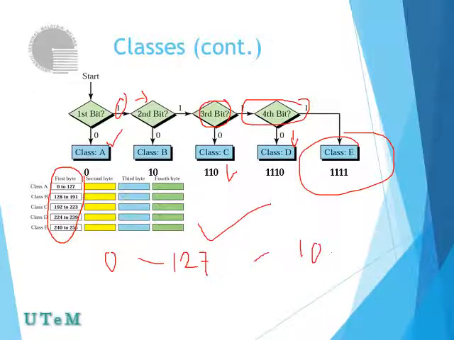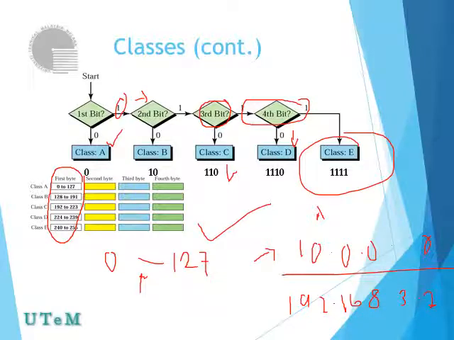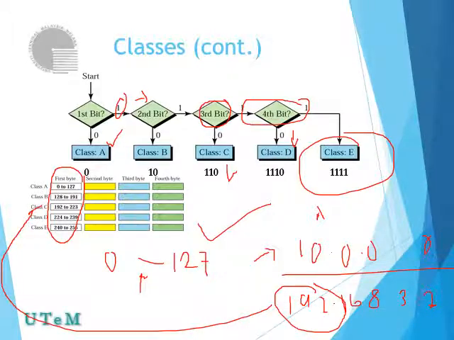This is class A because it is within this range. 10.0.0.0 is class A. If you are given 192.168.3.2, which class is this? 192 is within the range 192 to 223, so this is class C.